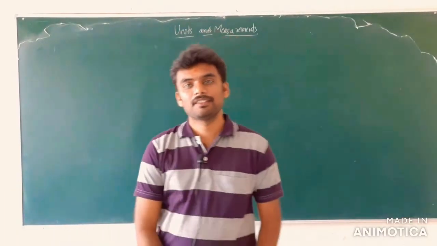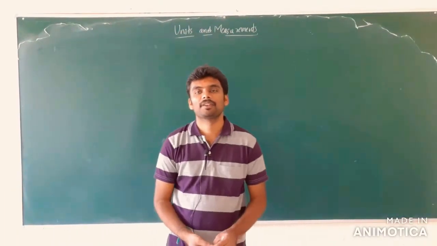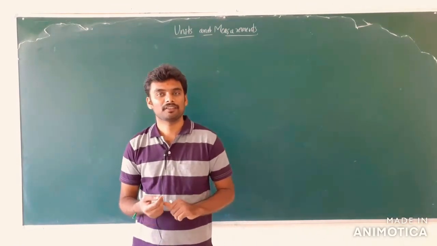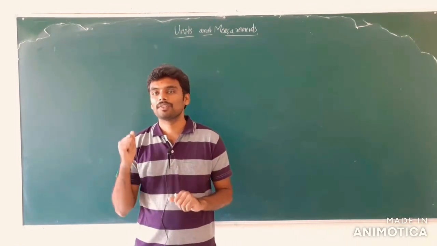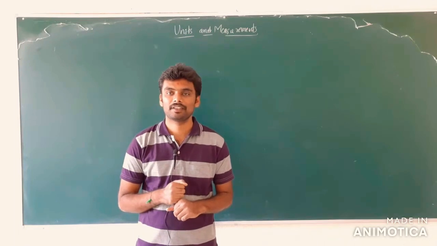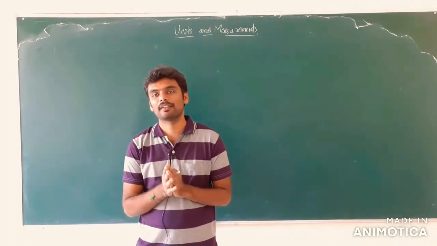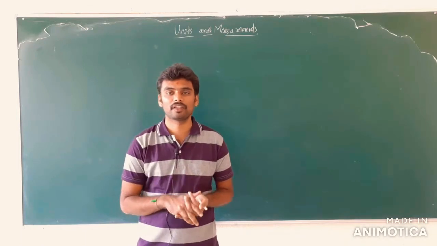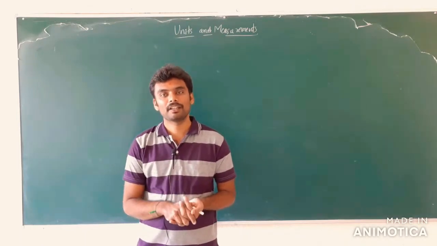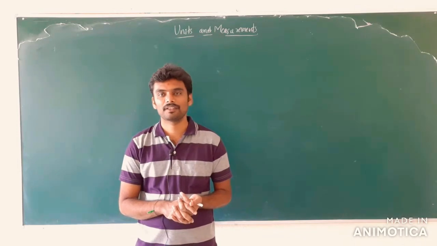So next is about errors. Whenever we measure something, we can get errors. Errors are always expected. They are of different kinds and there are different sources of error, but we do get errors when we measure, isn't it?